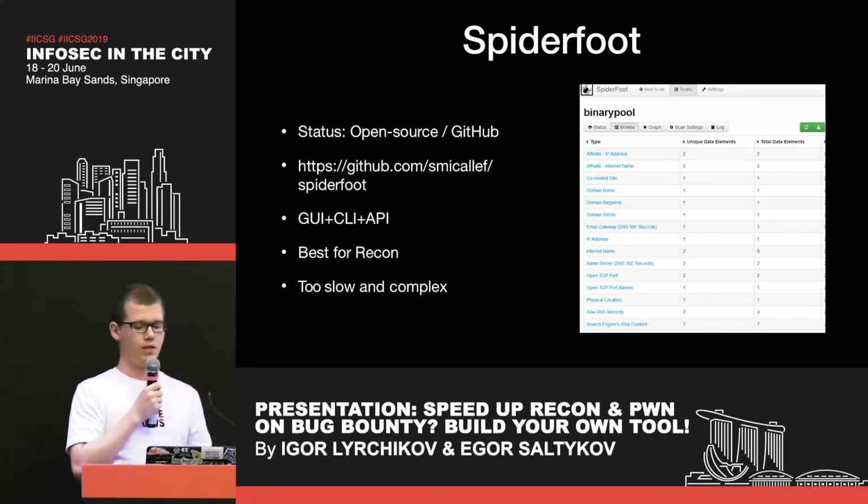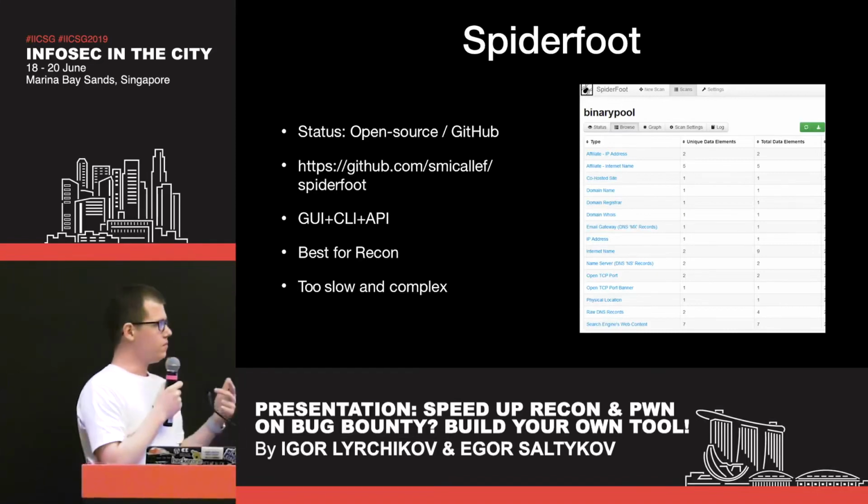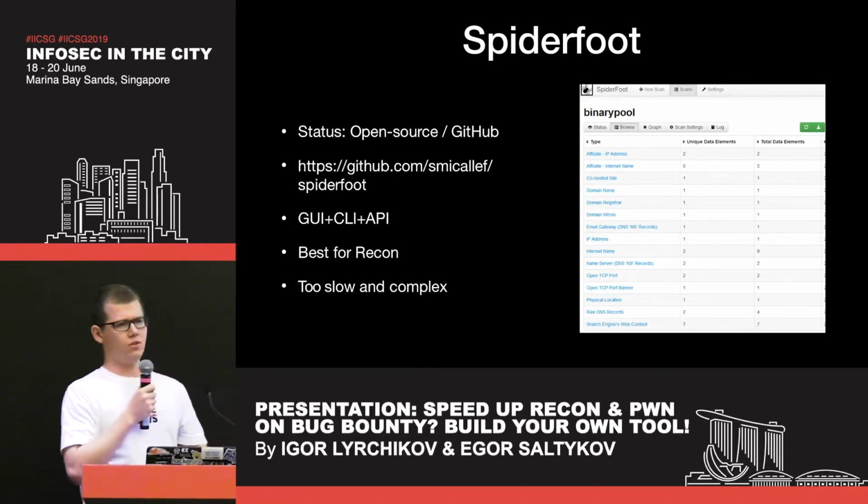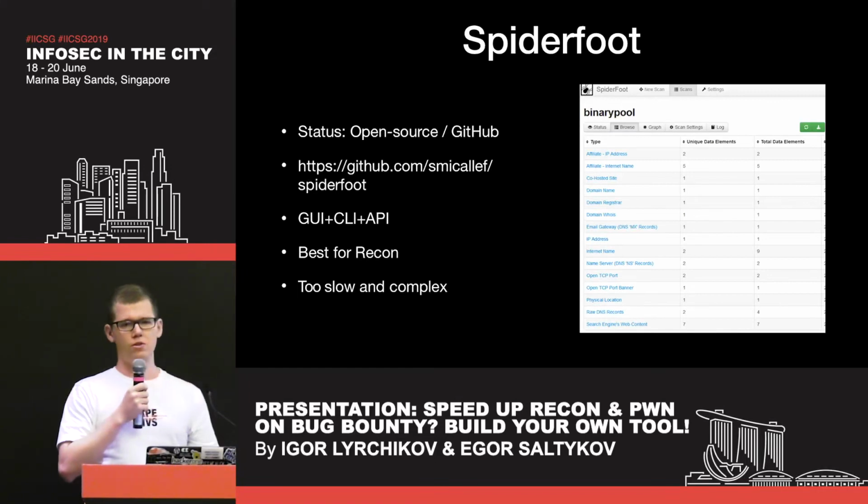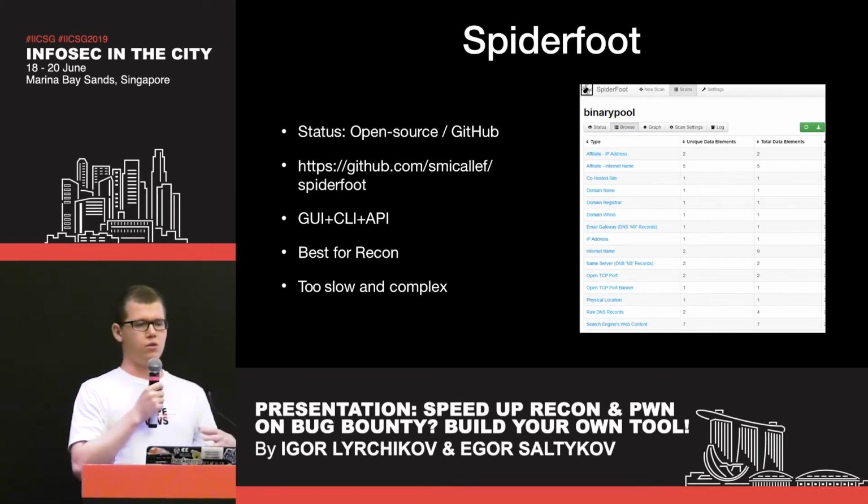For example, you can provide twitter.com and launch it for one day or maybe a night, and it crawls everything, using a lot of APIs like Censys, Shodan, Google Docs, archive.org, and so on. So it also supports APIs for other services.